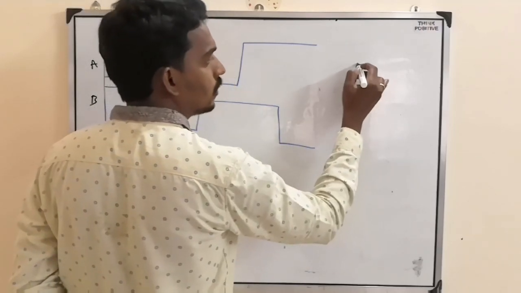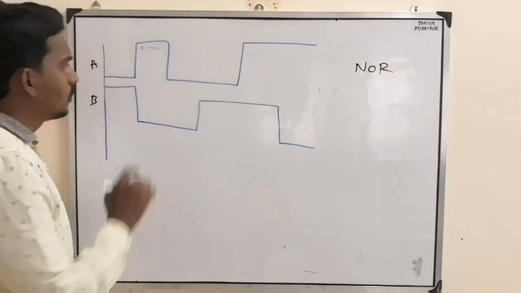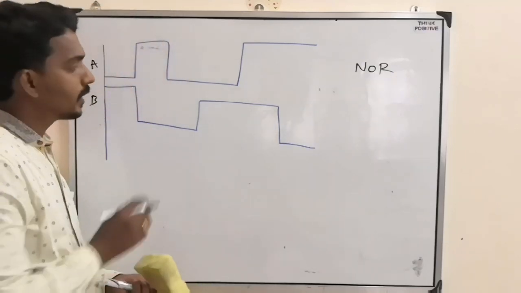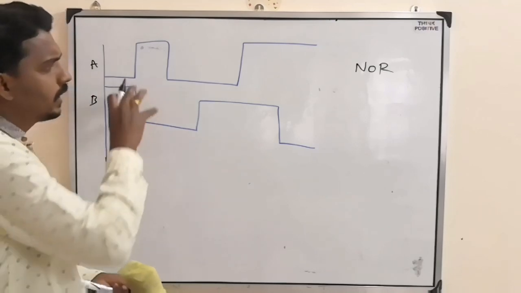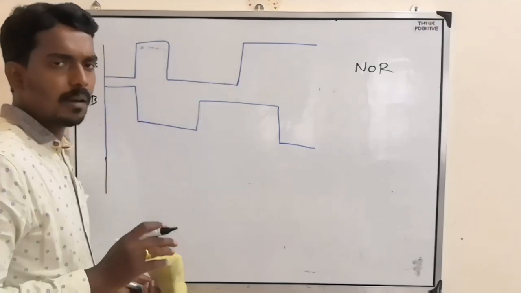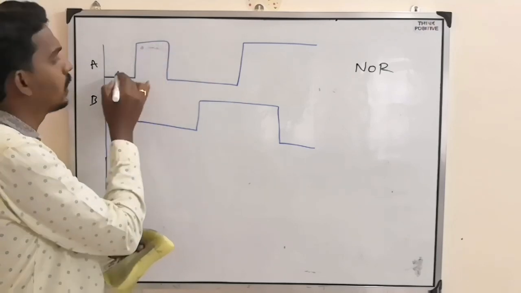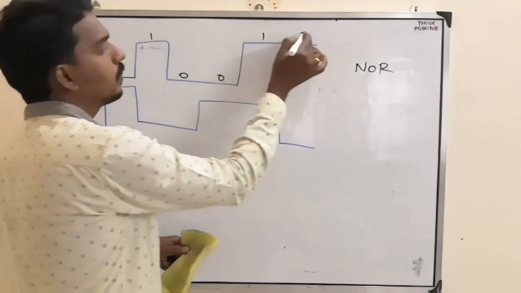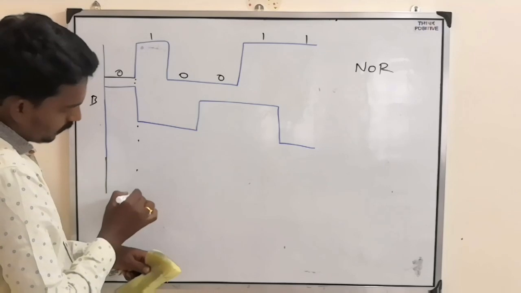Let's suppose a NOR gate. Now these are the two inputs for the NOR gate. Then they will ask you for the output waveform. See, when they give the waveform, it doesn't mean that one is lower voltage, one is higher voltage. This is 0, this is 1. 0, 0, 1, 1.